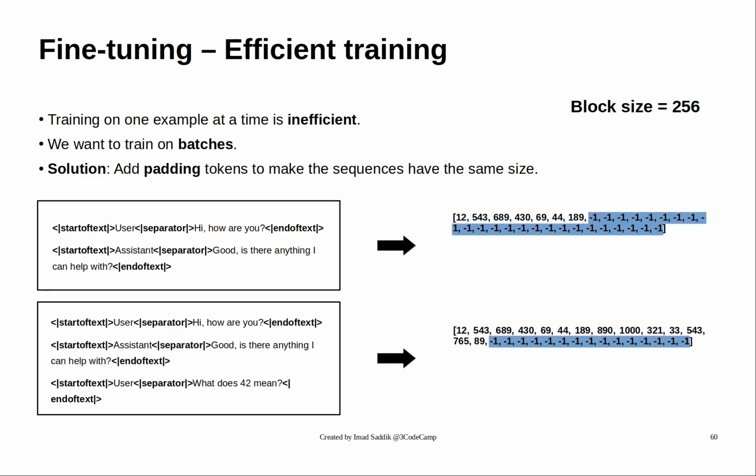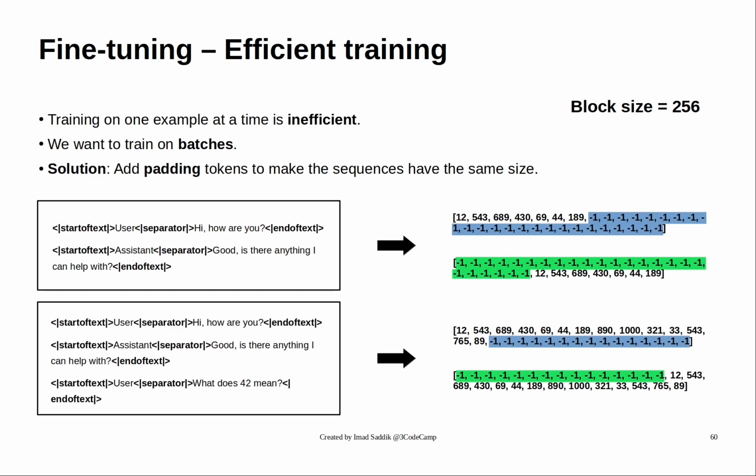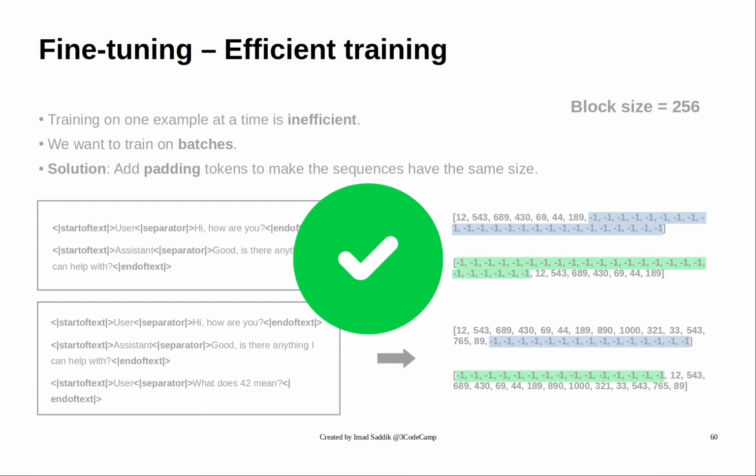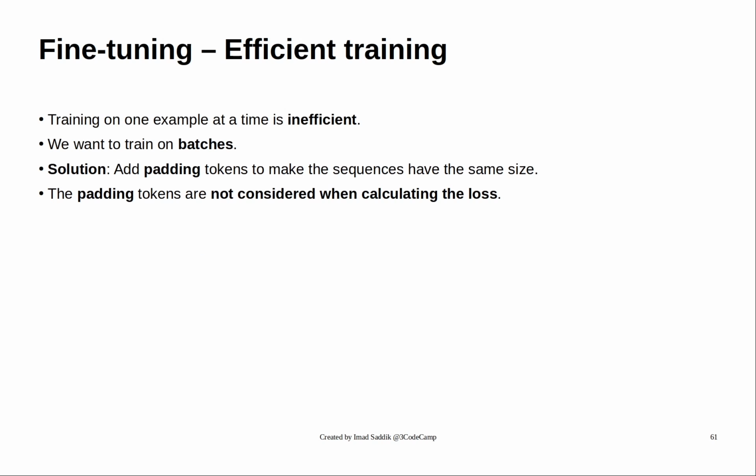Notice we added the padding tokens to the end of this sequence of IDs, but we can also add them to the start of the sequence if we want. Both options are valid. And this is how you use padding tokens to batch the data, making training faster and more efficient. I want to emphasize something.